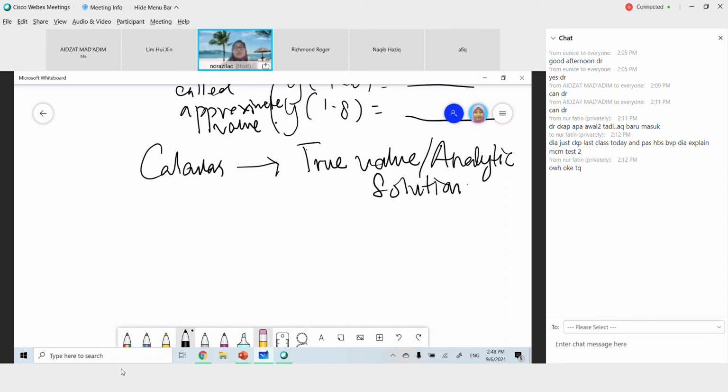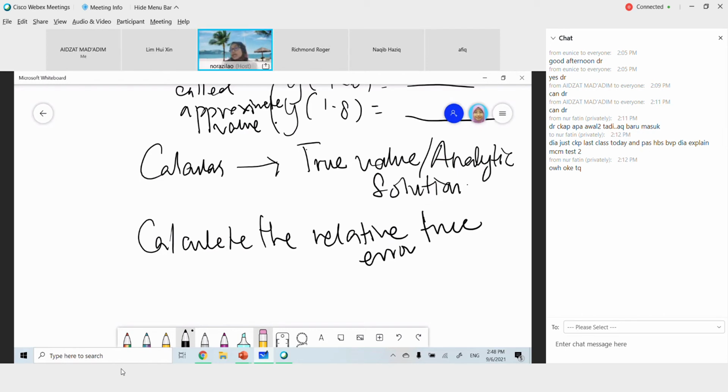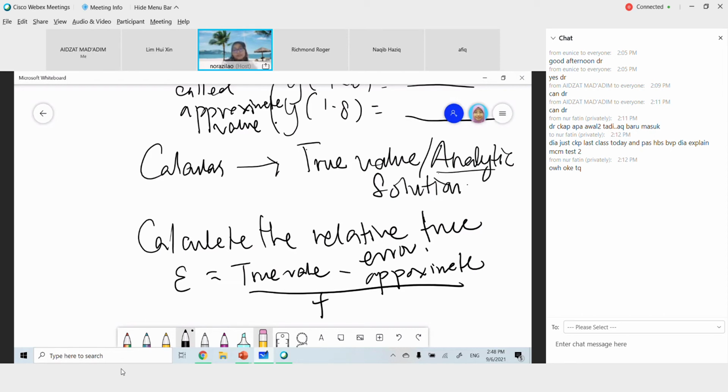So, always, question asks you, okay, calculate the error. Calculate the relative true error. So maybe you need to calculate using calculus to produce analytic solution and then calculate the relative error. So error is true value minus approximate value divide true value, multiply 100.